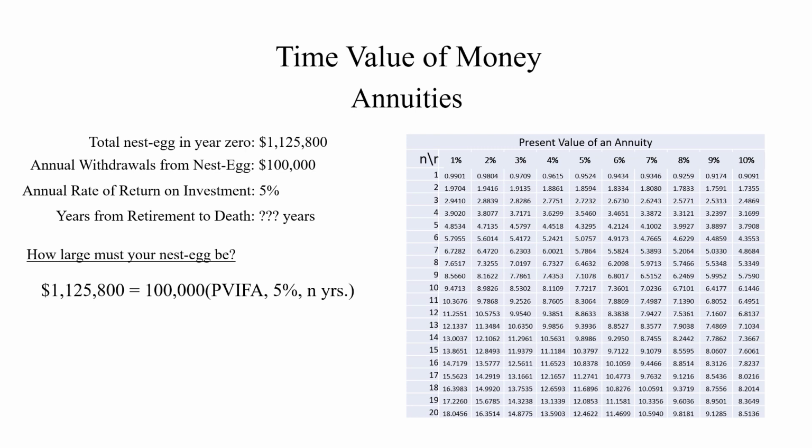Okay, so here we will plug in the values that we know into the present value of an annuity template. Moving that $100,000 to the other side of the equation and dividing it into the nest egg, look down that 5% column and find a coefficient reasonably close to 11.26. Pause the video and see if you can find it.